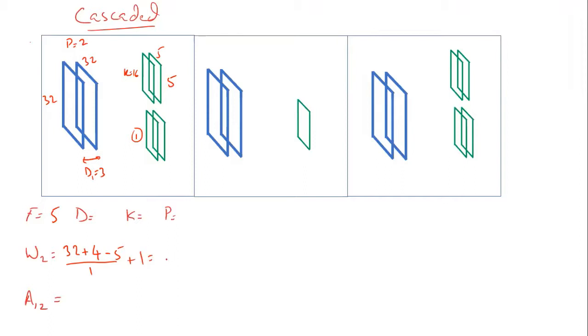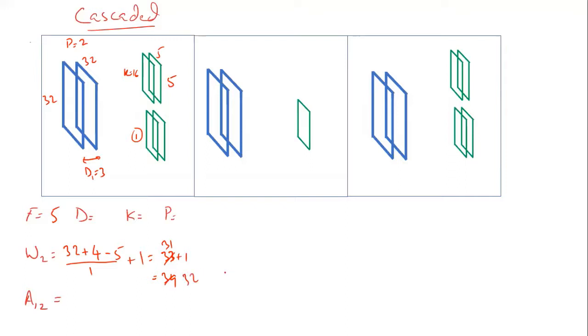So what's the output size? 34, 35, 36, 37, 38, minus 5, 33, 33 plus 1, that is 34. 32 plus 4 minus 5 divided by 1 is equal to, where am I going wrong? 31, sorry, 31. So this is 31 plus 1, that's 32.